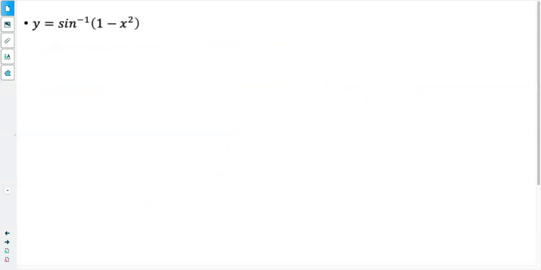Next, we've got y equals the inverse of sine of 1 minus x squared. Once again, we want to take our derivative of this.